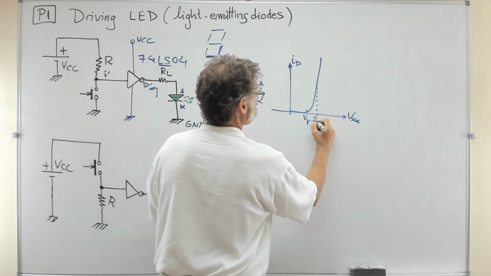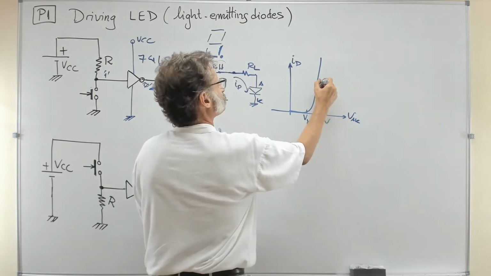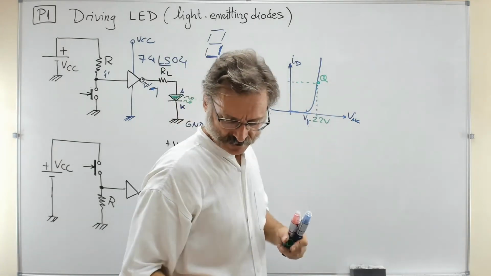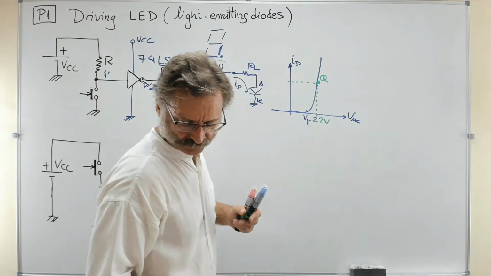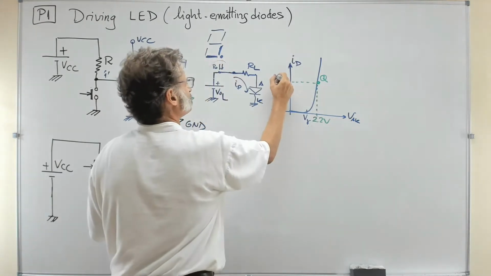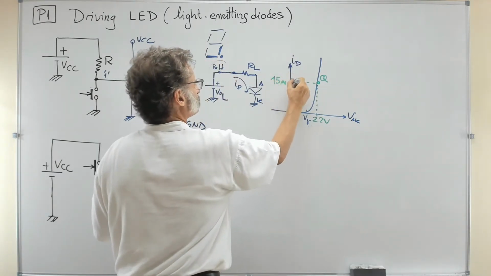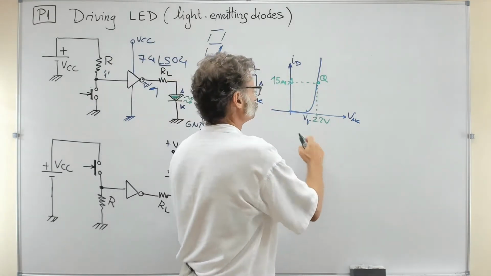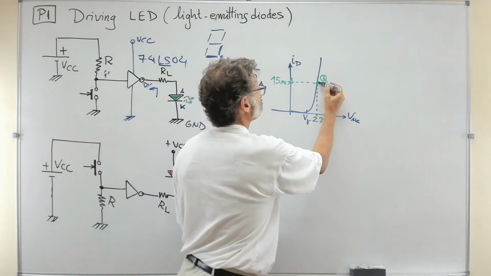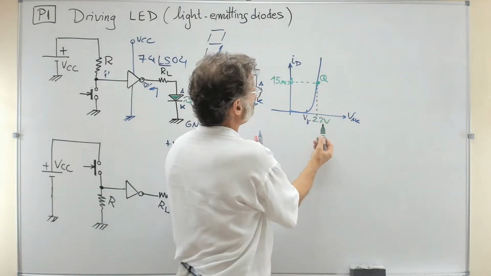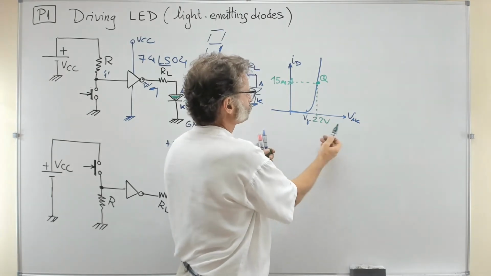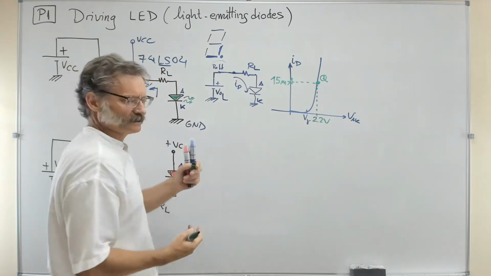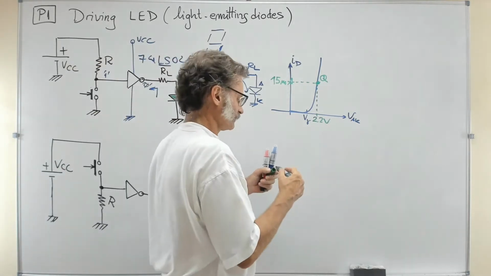Let's imagine that this is 2.2 volts, and you would like to have this Q, this bias point, at 15 milliamps. So a typical LED, 15 milliamps, lighting in green, has to be biased at this point in the curve, and the voltage required is 2.2. So this LED, when working fine, is equivalent to practically a battery of 2.2 volts.